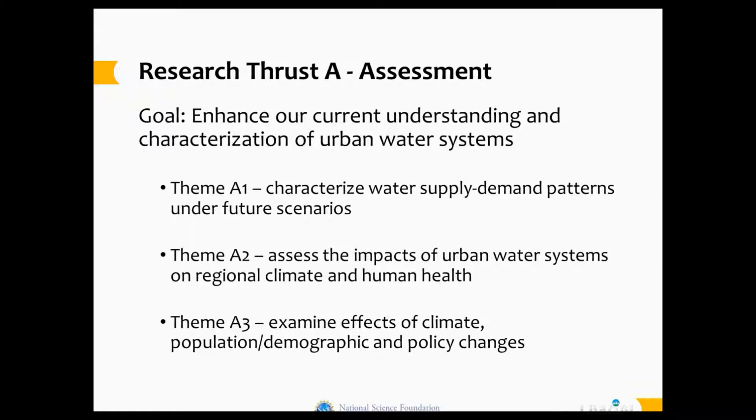We just completed Theme A1 presentations, which characterize water supply demand patterns under future socioeconomic scenarios. We're now moving on to Theme A2 to assess the impacts of urban water systems on urban heat islands and the regional climate, as well as the ensuing co-benefits for human health. Later in the series, we will explore Theme A3, which focuses on the effects of climate, population, demographic, and policy changes on hydrologic and ecological processes.